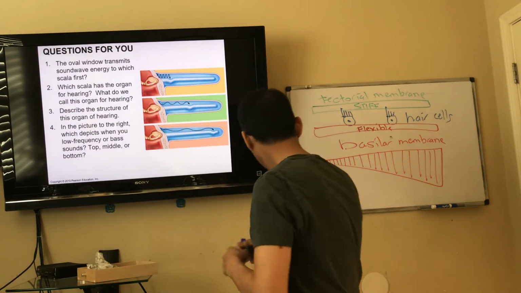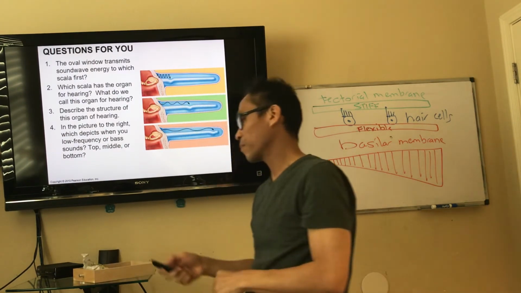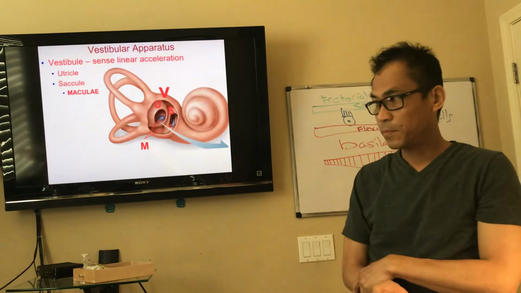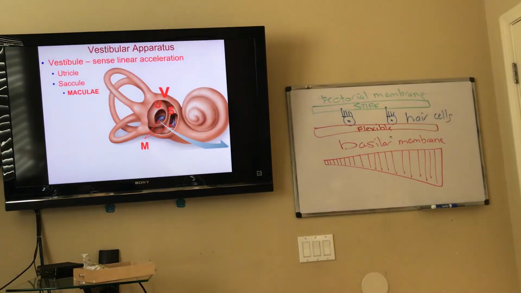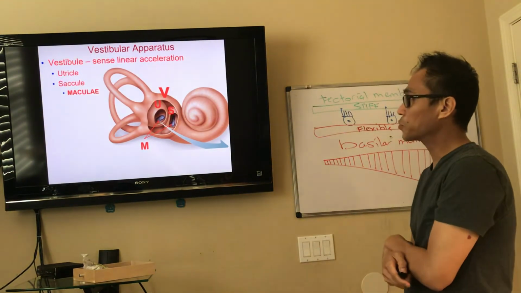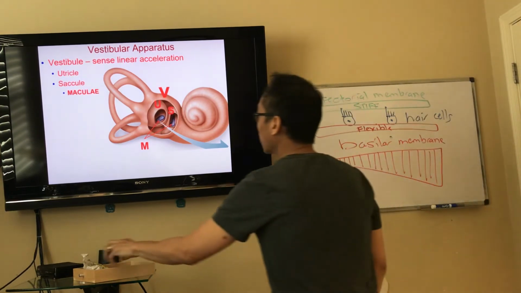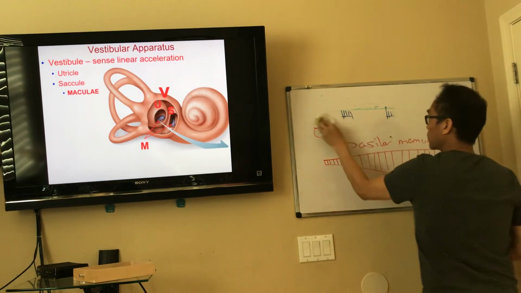Moving on to vestibular apparatus. Shown here. So you got utricle and saccule inside there. So we're done talking about the cochlea.